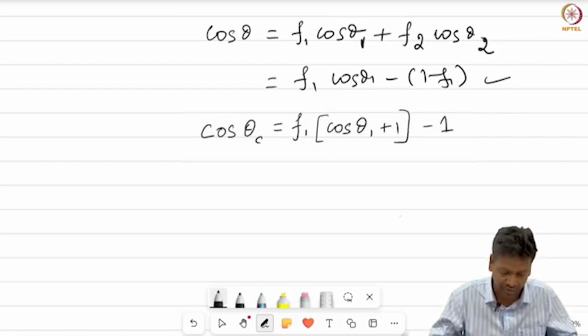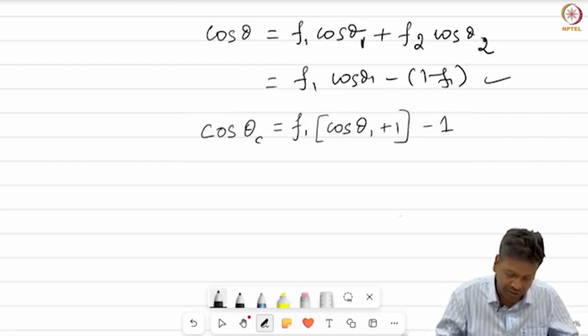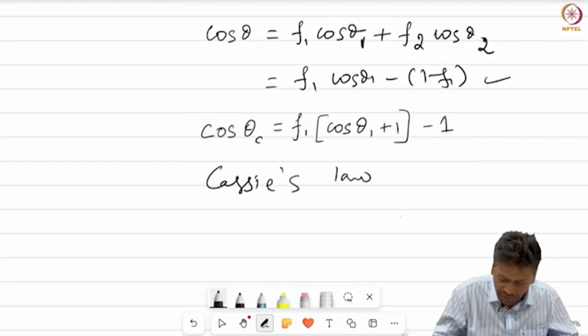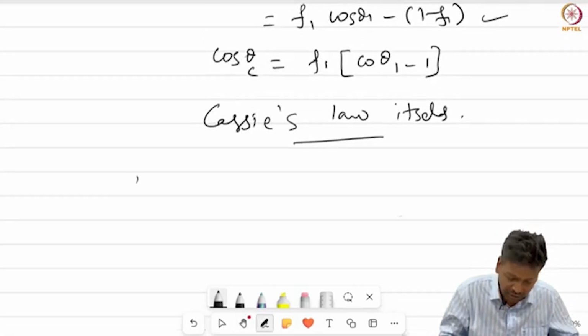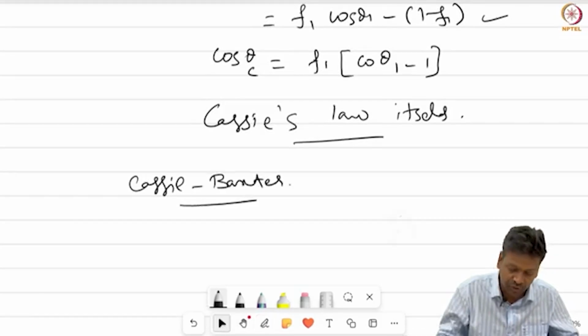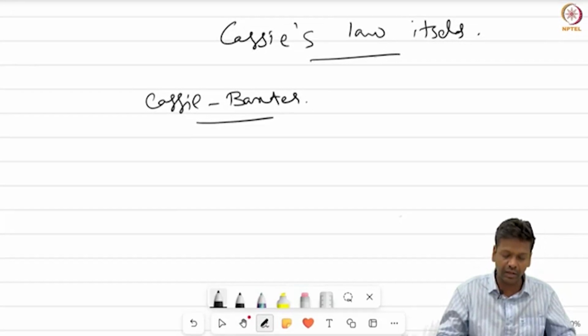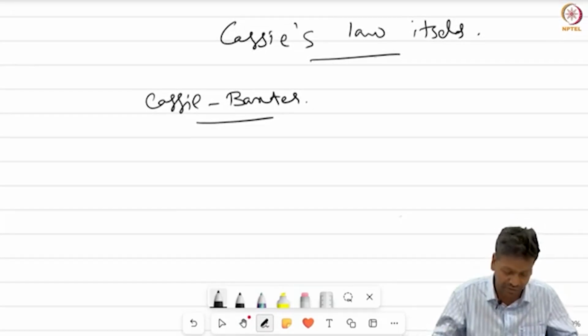So now this is nothing but Cassie's law itself, right? Right. Now, what is Cassie-Baxter? So that is what we have to look at. What is Cassie-Baxter? Okay. So this is a modified version of Cassie's law itself.